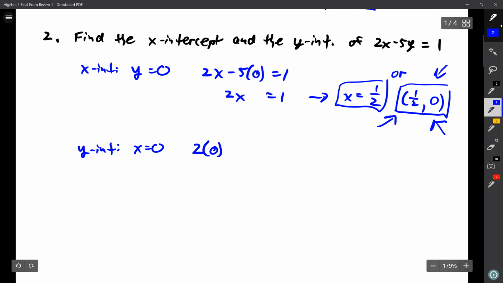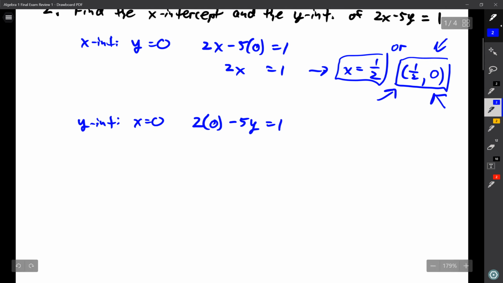We take our equation, but now we're plugging in 0 for x. So we have 2 times 0 minus 5y equals 1. So that means negative 5y equals 1, which then gives us y is negative 1/5. Or we could write that as the coordinate 0, negative 1/5.